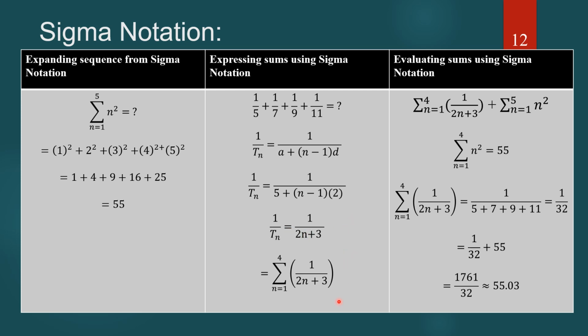If we test this by substituting the lower bound, n equals 1, we obviously get 1 over 2 times 1 plus 3, which is 1 over 5. So this is an expression of sums using sigma notation for the exemplary sequence as shown.